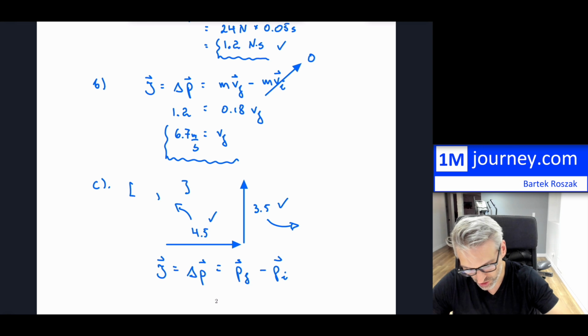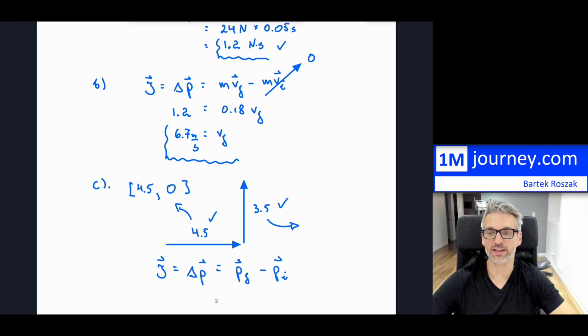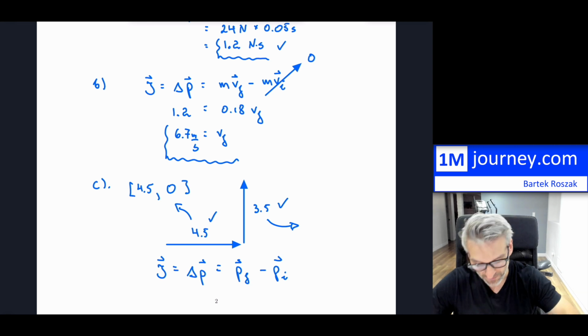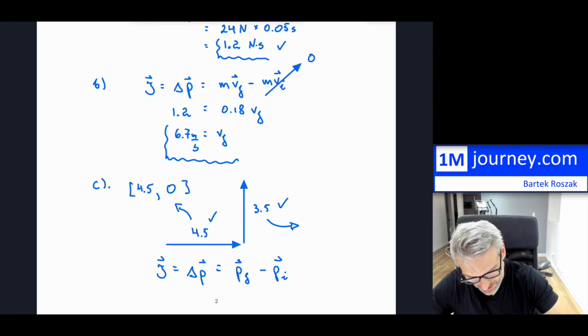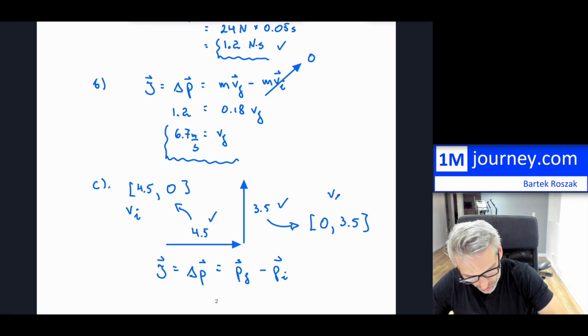That is the initial, and it has 4.5 and 0, so there's no y value. There are no angles in here because we're going east. And then for the other one, because it is moving north, there is no x, there is only a y component, and this one would be your initial, this one would be your final.